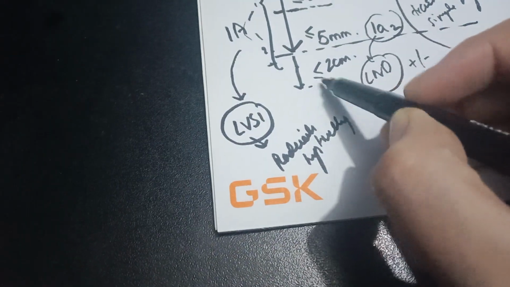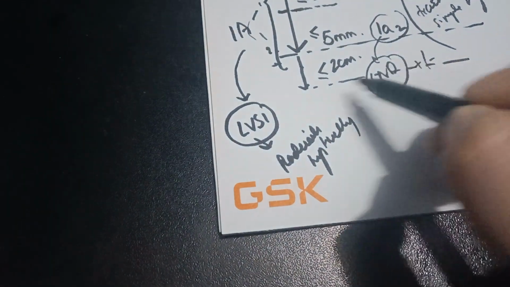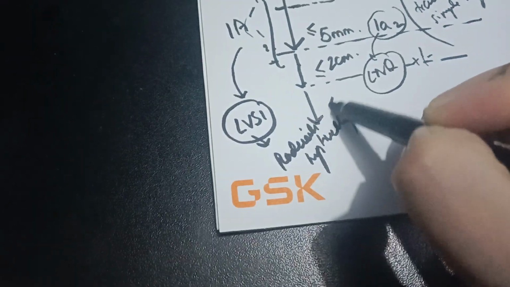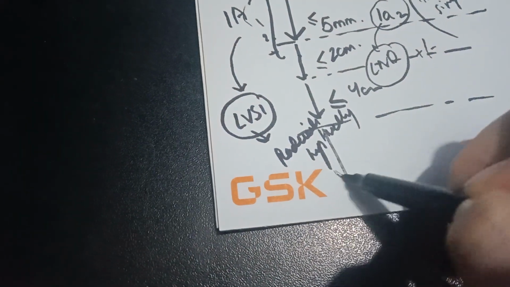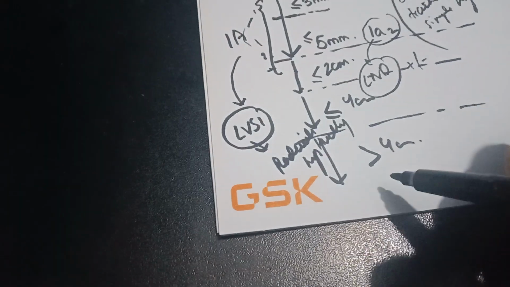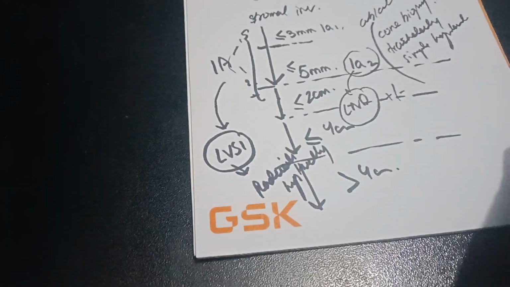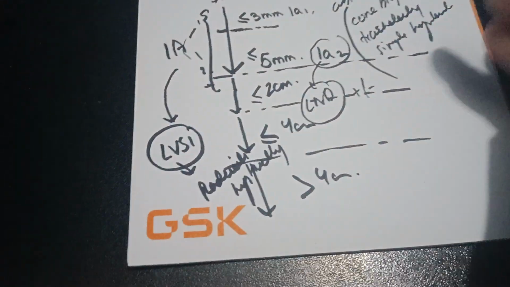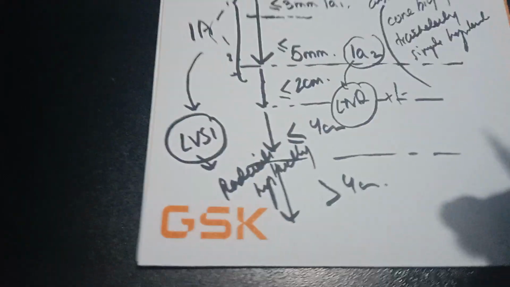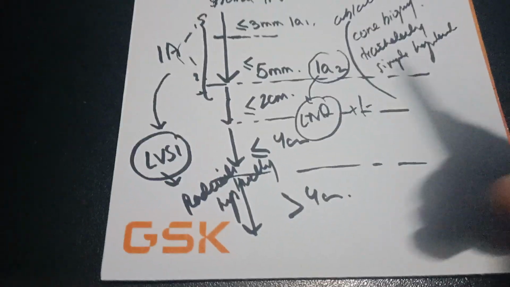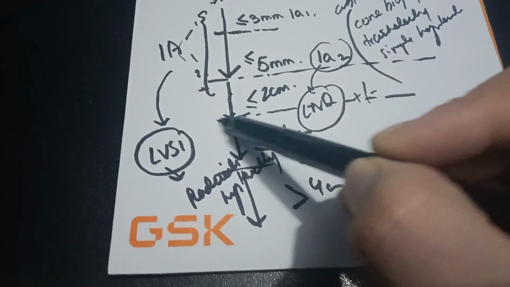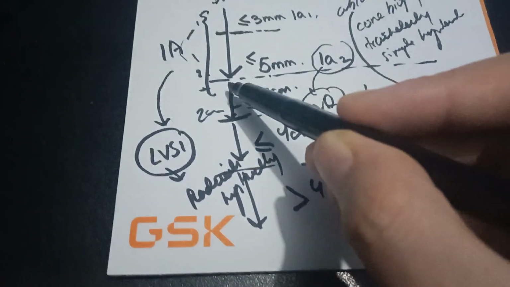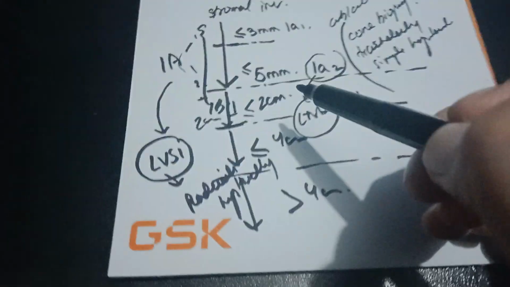And so this is in one demarcation, and then when it goes till less than or equal to 4 centimeter, another demarcation, and when it goes more than 4 centimeter, another demarcation. But the requirement is that it is within the cervix, okay, as long as it's in the cervix. So from greater than 5 mm till less than or equal to 2 centimeter, this is 1B1.